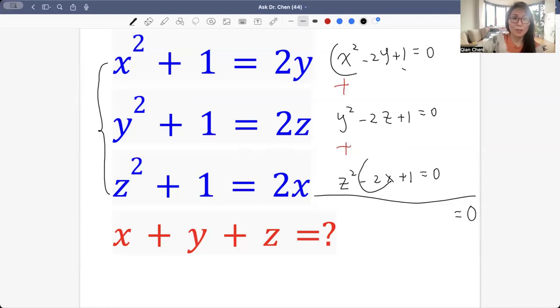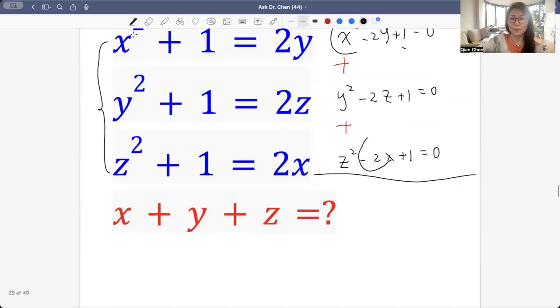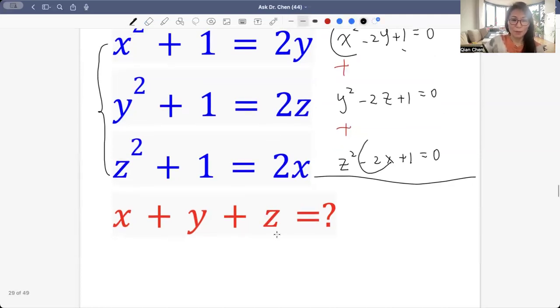Let me write on the bottom so I have enough space. So I would get x squared minus 2x plus 1, y squared minus 2y plus 1, just rearrange them, plus z squared minus 2z plus 1 equals 0.